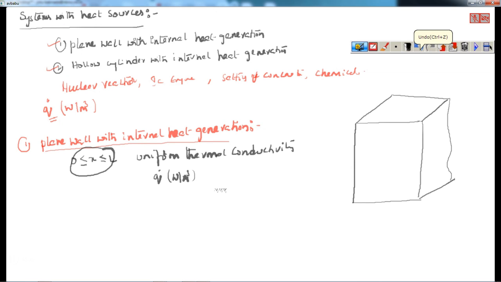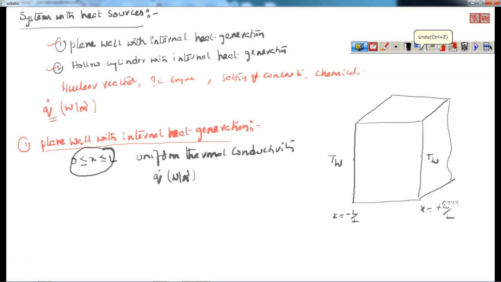The temperatures on the two faces of the slab, the left side face and the right side face, are both the wall temperature TW. The boundary condition on the left side wall is x equals minus L by 2, and on the right side wall is x equals plus L by 2.